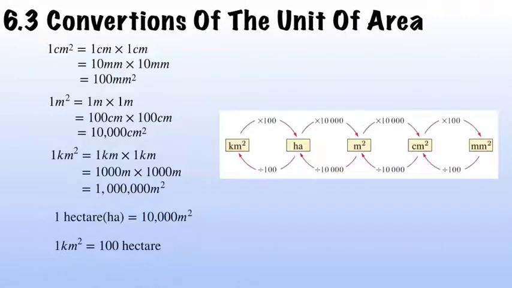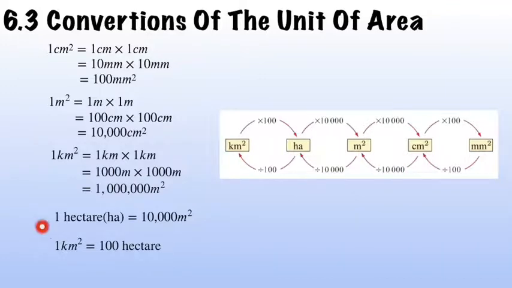So if we want to convert mm square back to cm square, we need to divide 100. The second one is m square convert to cm square. We need to times 10,000. The same thing, while converting cm square back to m square, we need to divide 10,000.